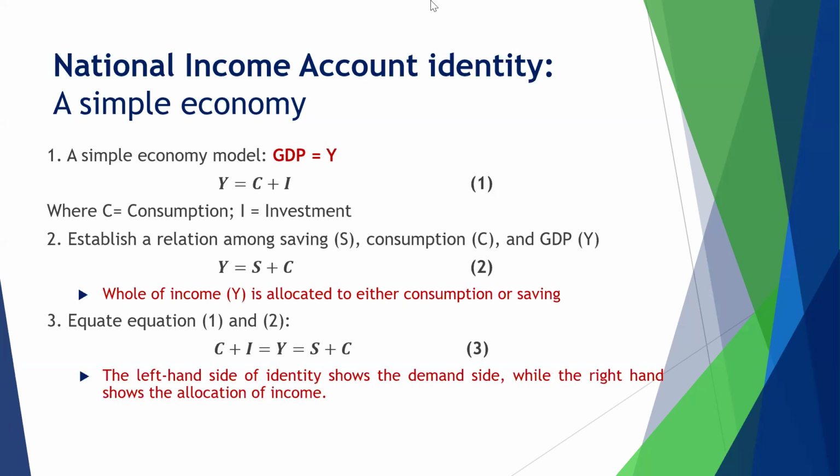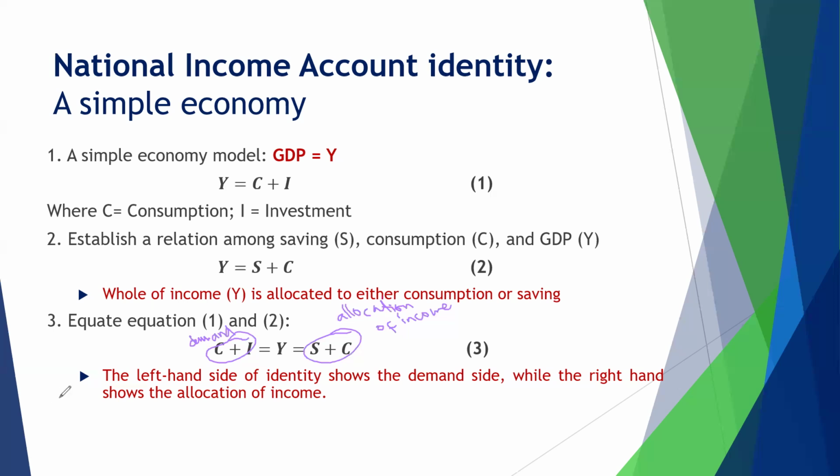So this is the left identity, which is more on the demand side, and here, it's more on the allocation of income. So basically, we can say that C plus I is equivalent to savings plus consumption.